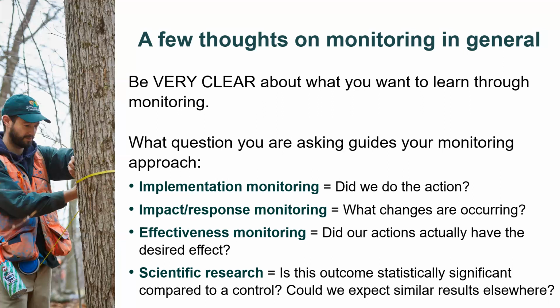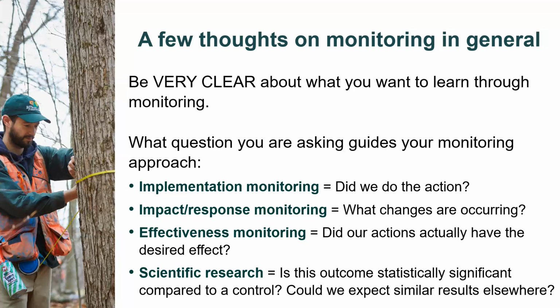And the last of the four types of monitoring I'll talk about is scientific research. A lot of us work for educational institutions in some way or another, or we partner with them, and they might be able to provide some capacity for monitoring. Scientific research as a monitoring tool doesn't necessarily start with a question or a hypothesis, but what sets it apart is that there is an intent from the outset in using statistics in some way to track trends and uncertainty.